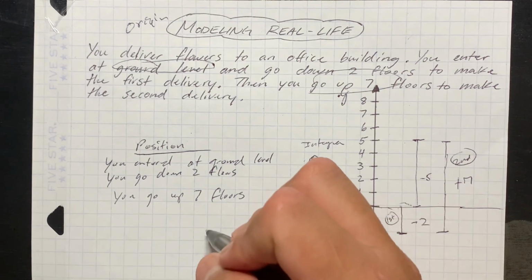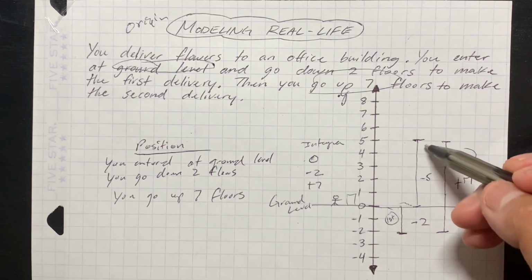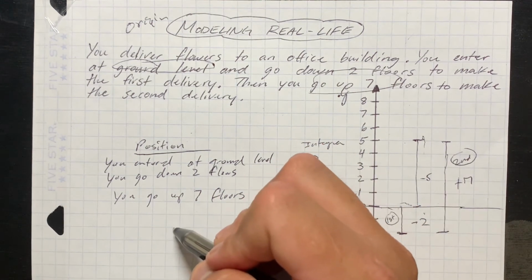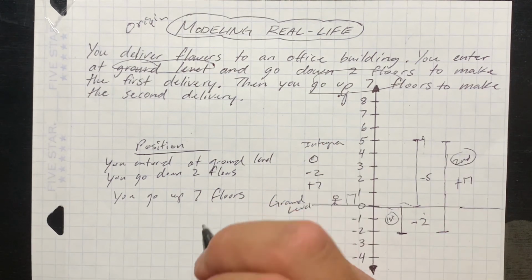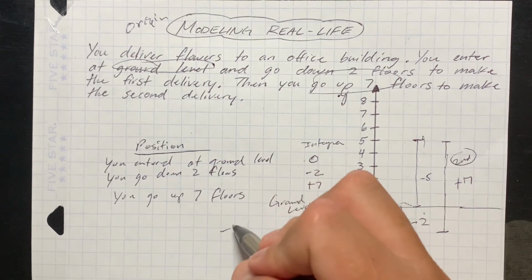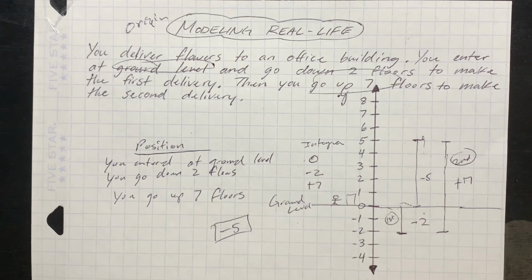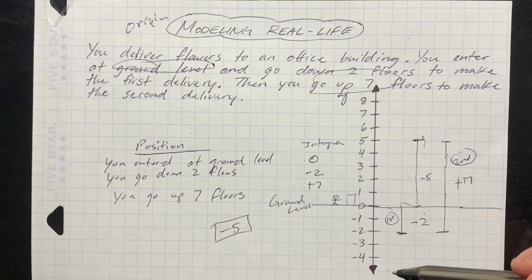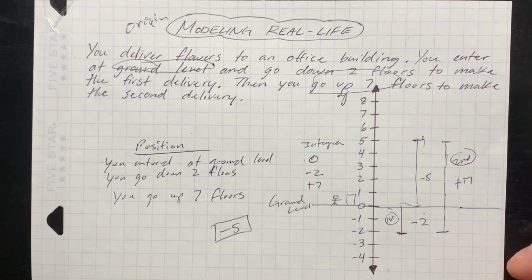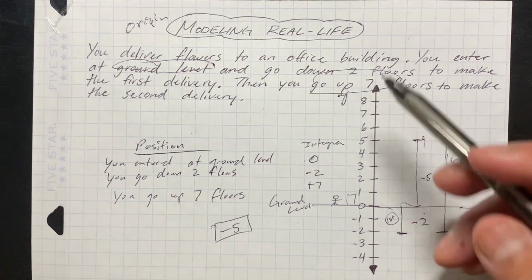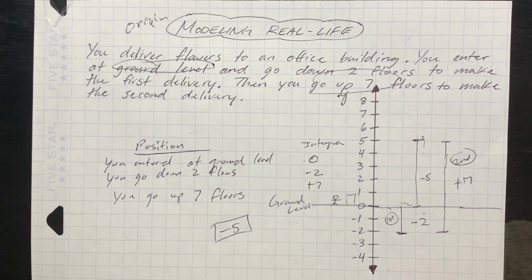And then when we have to leave the building after making our second delivery, we have to go down 5 floors to get to ground level again, just to leave the building. Okay, so we ended at -5. The integer representing down 5 floors is -5. All right, so I want you guys to understand the concepts of placement with these positions of integers on number lines. So that's basically it.